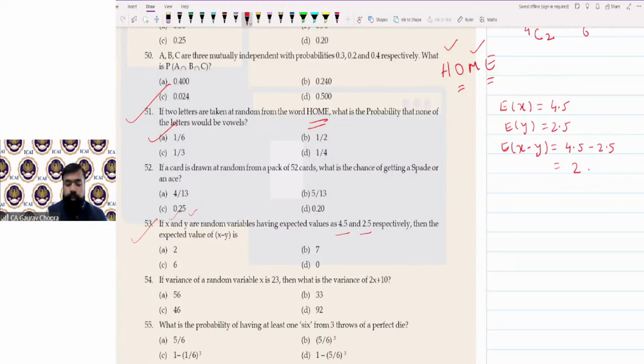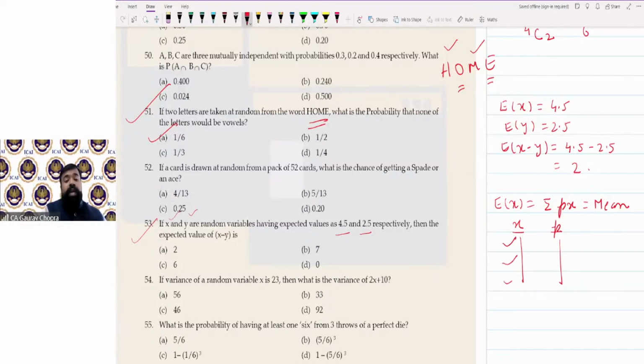Okay. Then Nabil is asking about expected value. See, expected value means sigma p into x. So this basically denotes mean. When you calculate mean using probability, it is known as expected value. For expected value, you require the complete table, that is x and p.